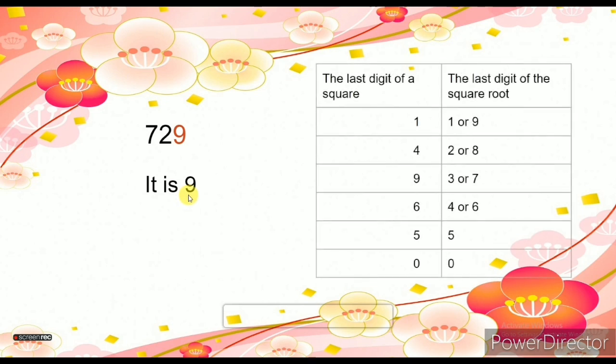It is 9. From the table, we can see that any number ending with 9, its square root will end only in 3 or 7.